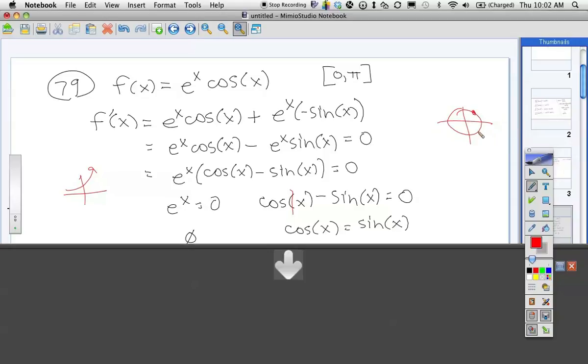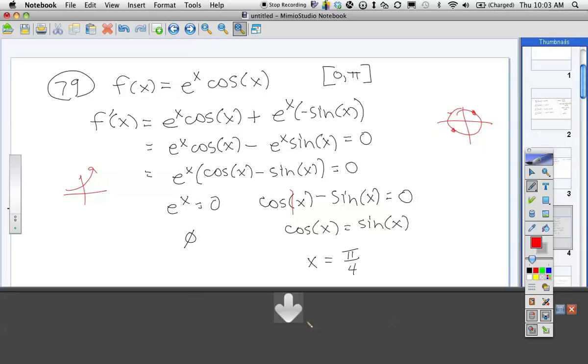That's at pi over 4, on a 45-degree triangle. Over here, the x coordinate's negative and the y coordinate's positive, so it wouldn't be there. And we're only supposed to look from 0 to pi. What if this was 0 to 2 pi? Then we'd be down here where they're both negative, at 5 pi over 4. That's the quickest and fastest way to do it.